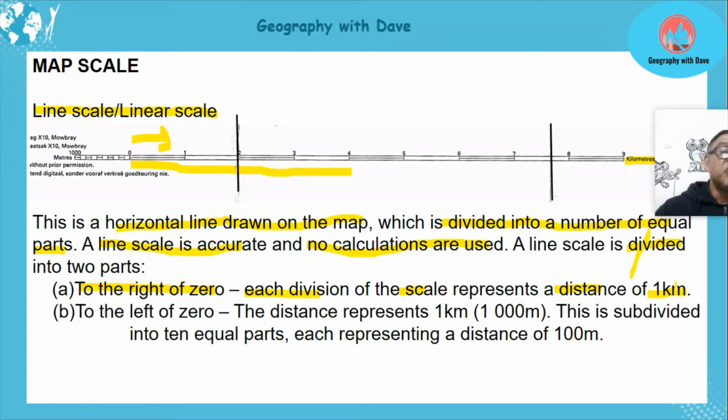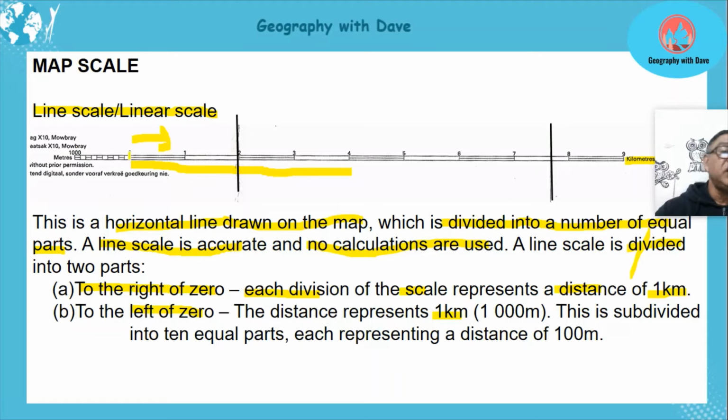So from zero down here to one, that's 1 kilometer. That's another 1 kilometer, another one. You see, it's 1 kilometer, 2, 3, 4. Then to the left of the zero, the distance represents 1 kilometer only.